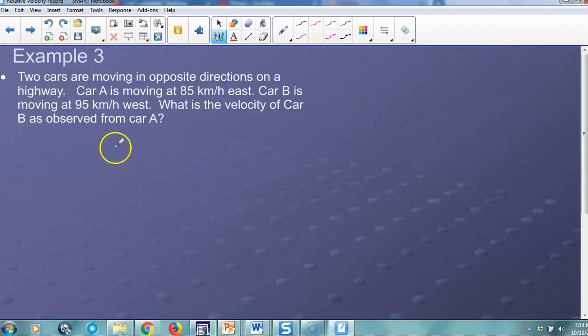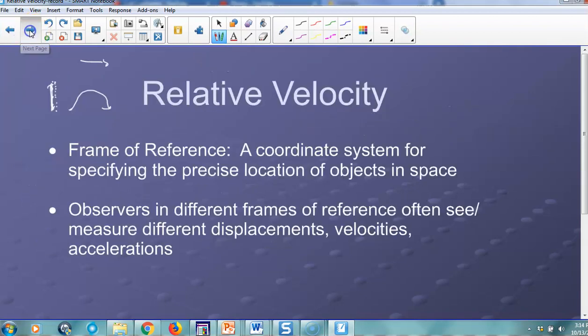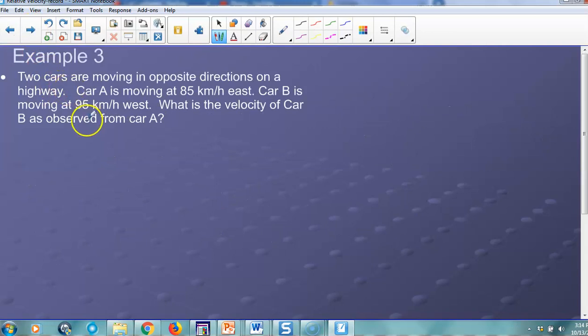Let's go to another example. We have two cars moving in opposite directions on a highway. Car A, and let's call this car B. Velocity of A relative to Earth is equal to 85 kilometers per hour, and that's to the east.